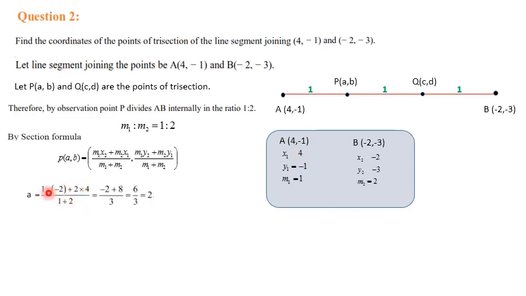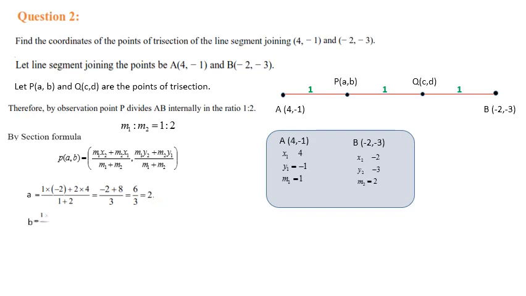Calculation part: 1 into -2 is -2, 2 into 4 is 8, divided by 1 plus 2, that is 3. So -2 plus 8 is 6, divided by 3. 6 divided by 3 is equal to 2. The x coordinate of P that we have got is 2.